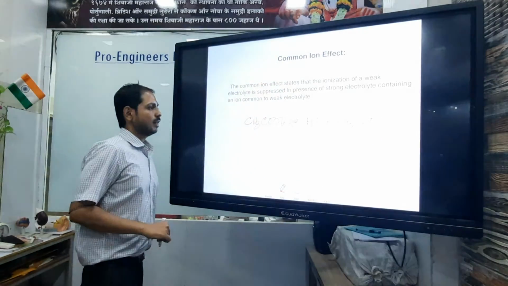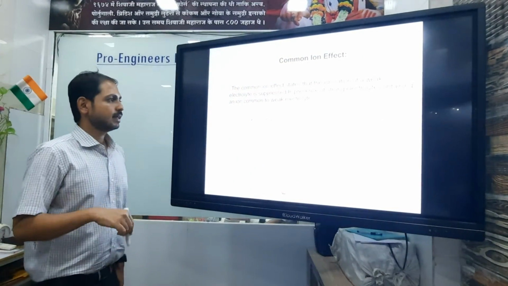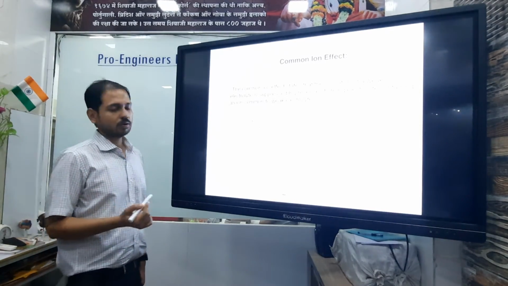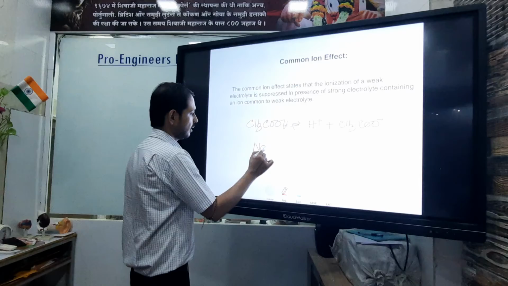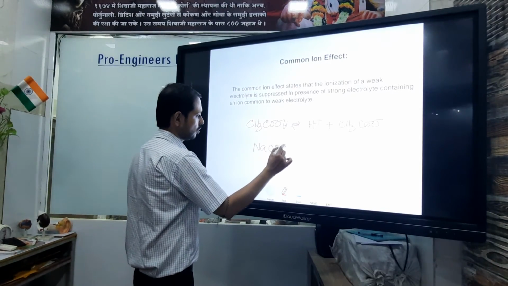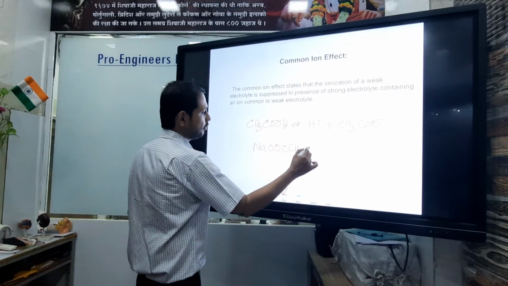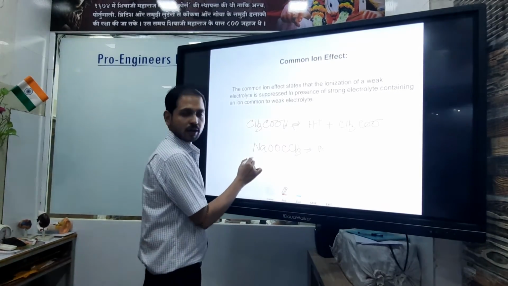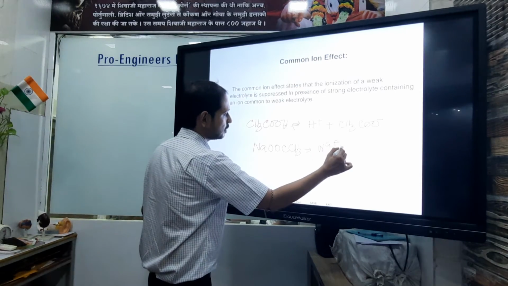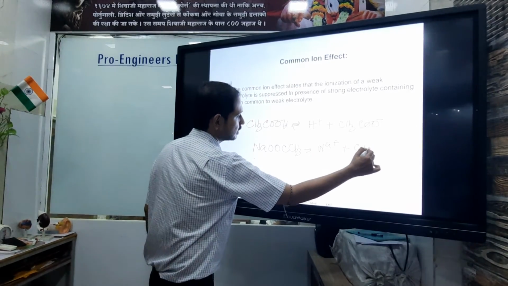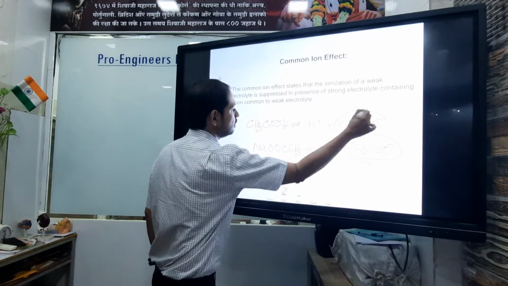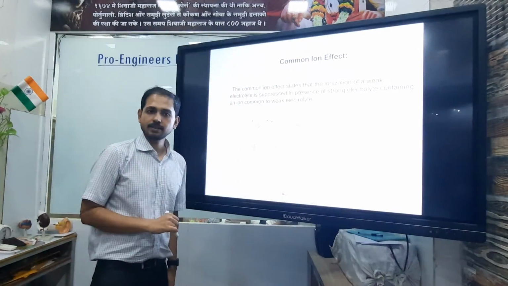Now if we add some amount of sodium acetate, it is a strong electrolyte, so it will dissociate 100% into Na+ plus CH3COO-. So the acetate ion is common to both acetic acid and sodium acetate.